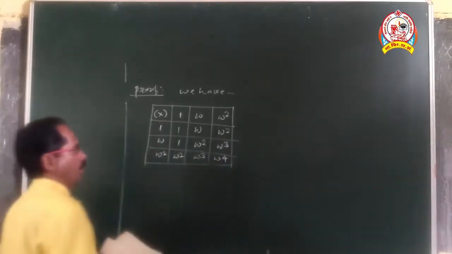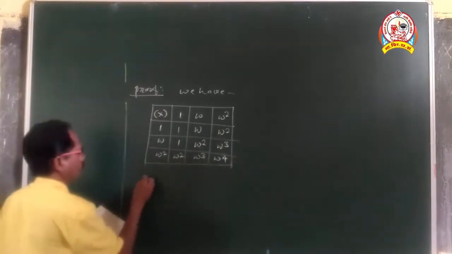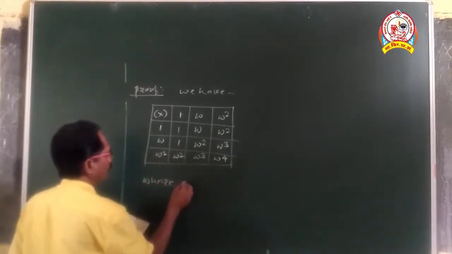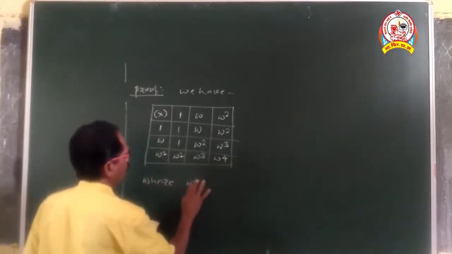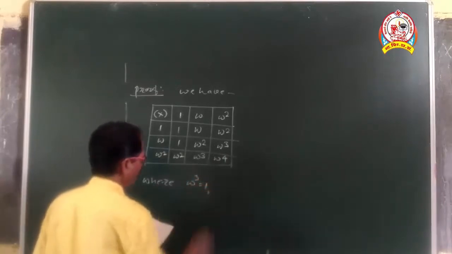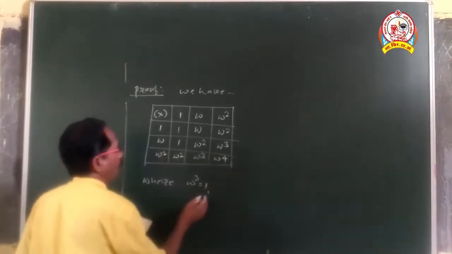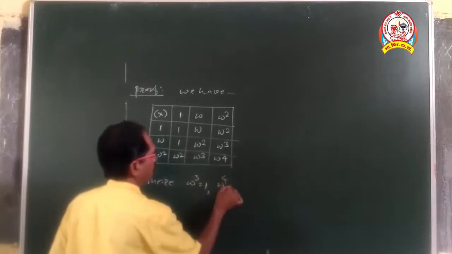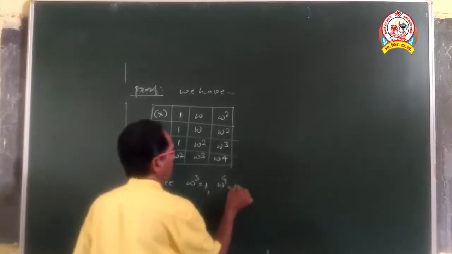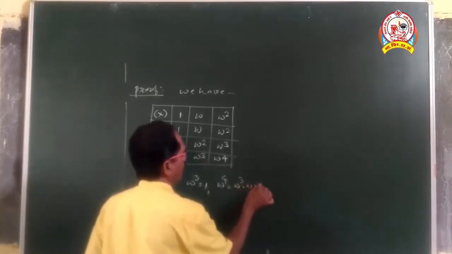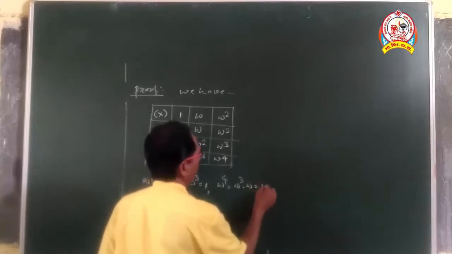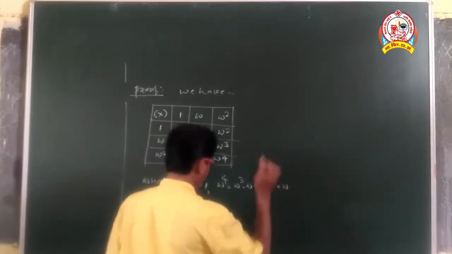Where omega cube is equal to 1, omega raised to 4 is equal to omega cube into omega is equal to 1 into omega is equal to omega.